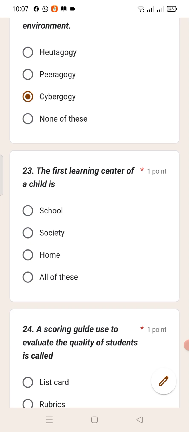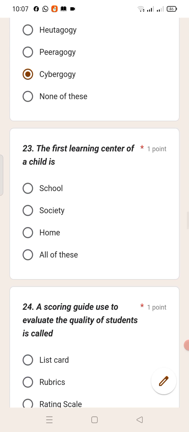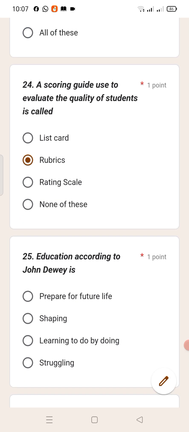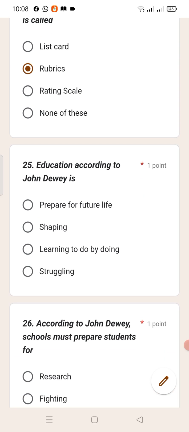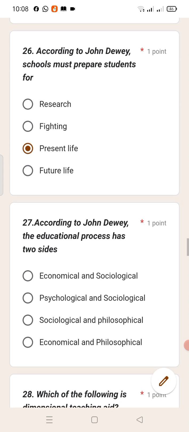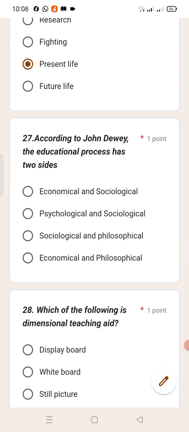The first learning center of child is, तो first learning mean home. स्कोरिंग गाइड रूब्रिक्स है, ठीक है, मशहूर MCQs है ये. अच्छा, इसमें है एजुकेशन अकॉर्डिंग टू जॉन डेवी इज लर्निंग टू डू ए प्रैक्टिकल वर्क, ठीक है. अकॉर्डिंग टू जॉन डेवी स्कूल मस्ट प्रिपेयर स्टूडेंट्स फॉर प्रेजेंट लाइफ. अकॉर्डिंग टू जॉन डेवी द एजुकेशनal प्रोसेस हैज़ टू साइड्स.